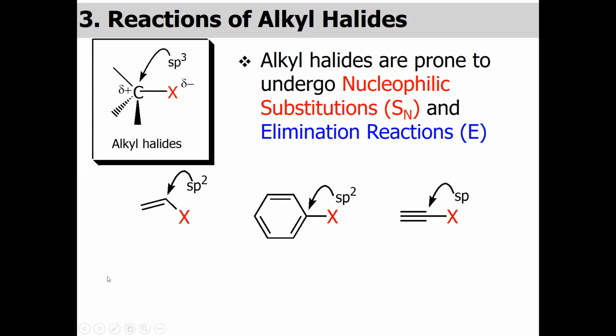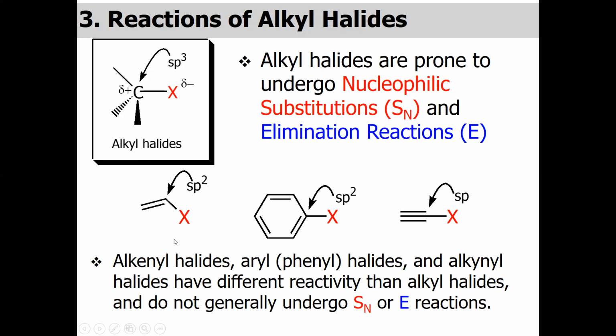Besides this, look at this. When we have vinylic halides, aryl halides, or alkynyl halides, they have different reactivity than alkyl halides. And generally, these types of halides do not undergo SN or E reactions. I will discuss how.